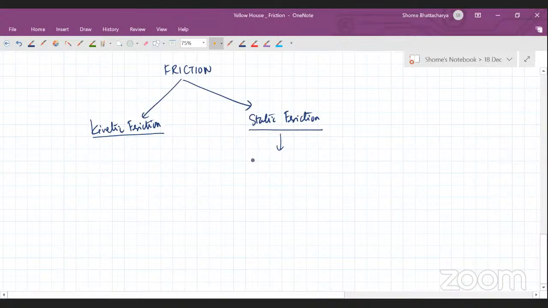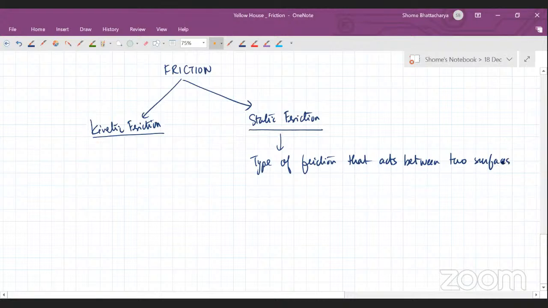So static friction is the type of friction that acts between two surfaces in contact, okay, which are at rest with respect to each other.